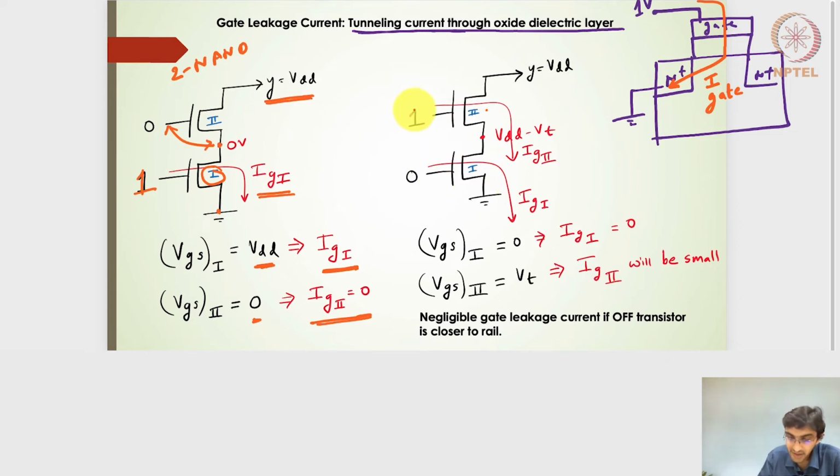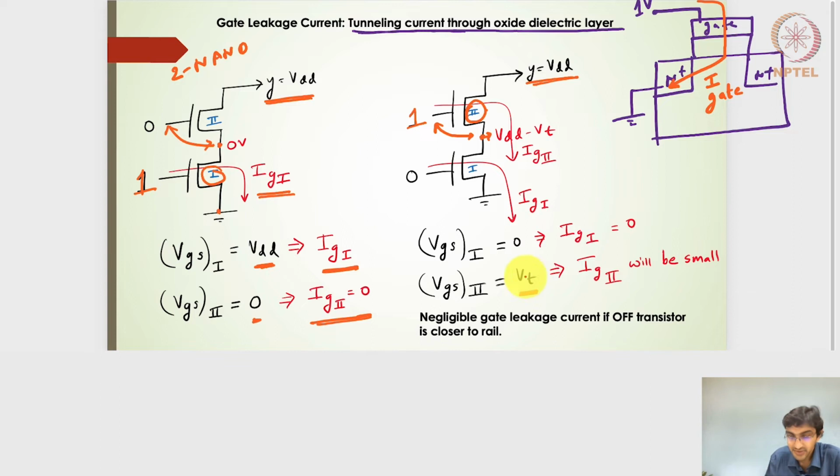But having a 1 logic here, although the transistor is on, because on the other side it is VDD, it is going to act like a pass transistor. And in this particular node, we will have VDD minus VT. So the VGS for transistor number 2 is going to be VDD minus (VDD minus VT), which turns out to be the VT value.